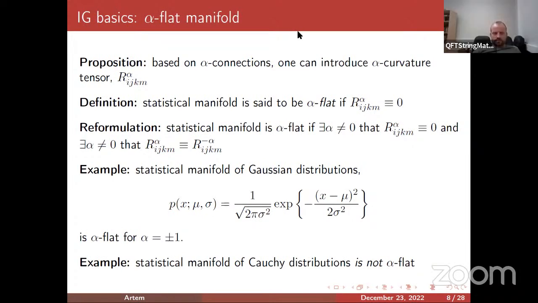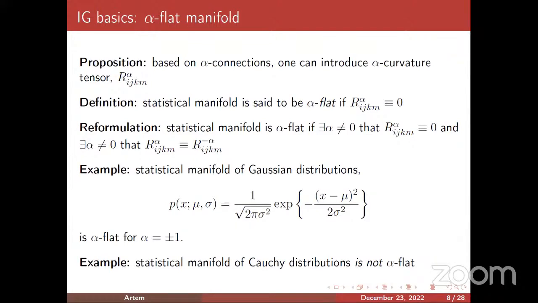You know, any group manifold can be made alpha flat. This is called Wess-Zumino-Witten models. In that case, there exists a connection such that any group manifold is flat in that sense. Actually, your analogy is correct.